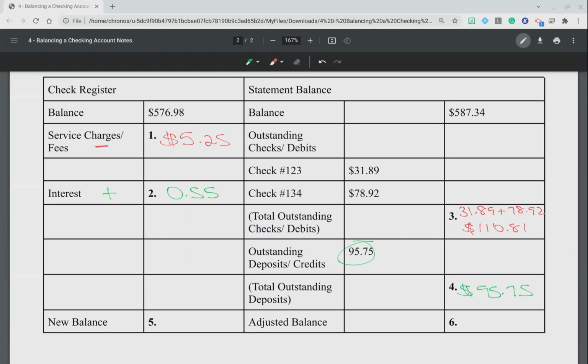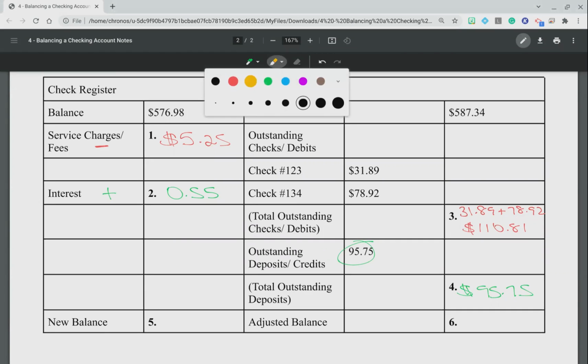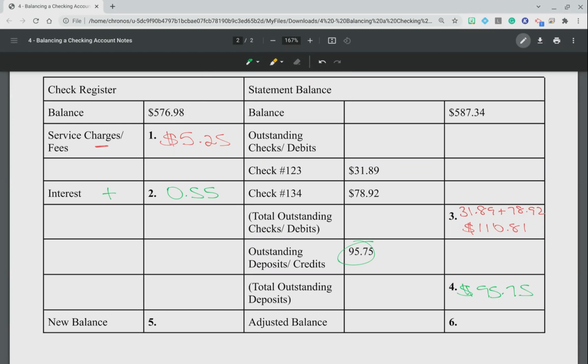All right, so now the goal of this reconciliation is, because notice our check register balance did not match our statement balance, we are hoping that when we do this reconciliation, our total here is going to be the same as our total over here for number 6.